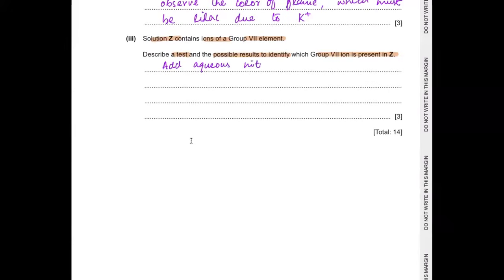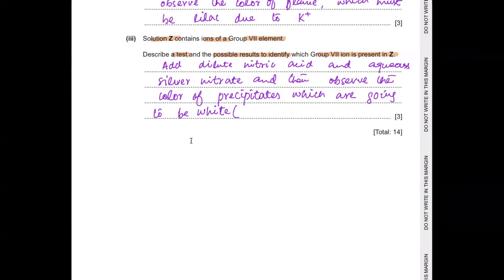So you are going to write: add dilute nitric acid and aqueous silver nitrate. We always use dilute acids.